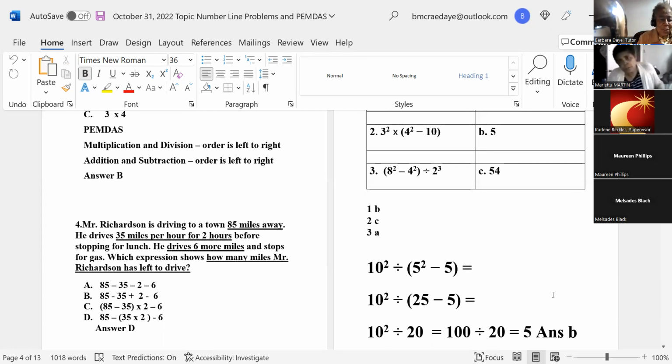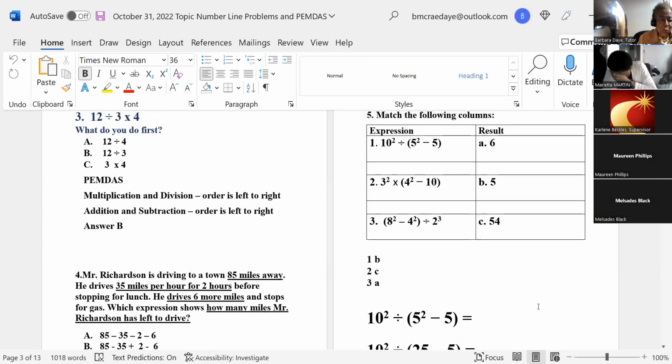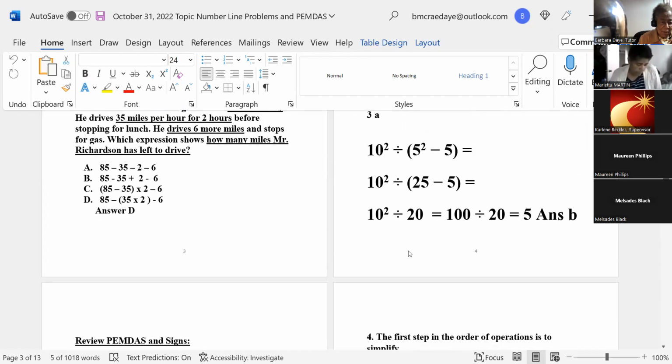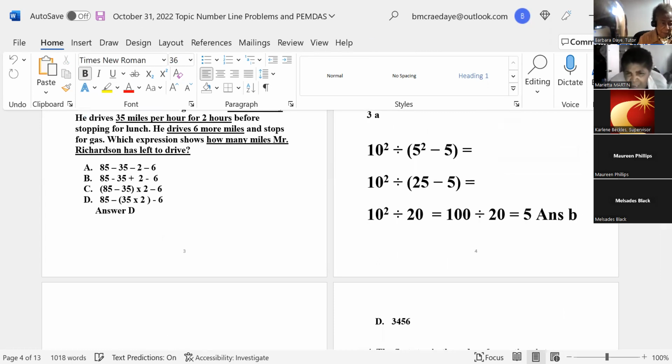Now, Maureen, what did you get for number 2? I'm doing that now. I'm multiplying the 4 by the 2. Let me copy that and make it bigger.